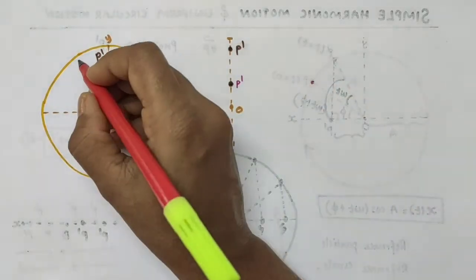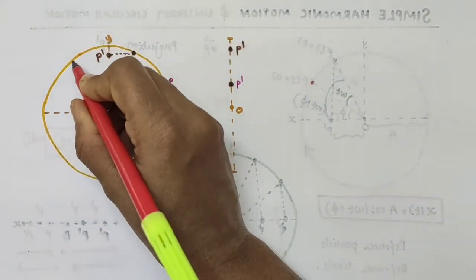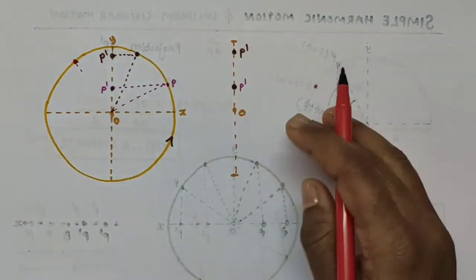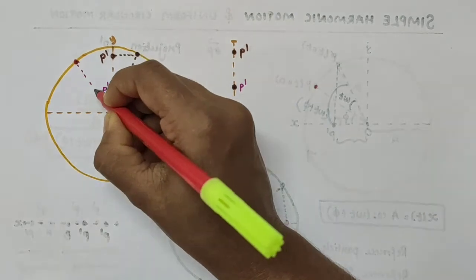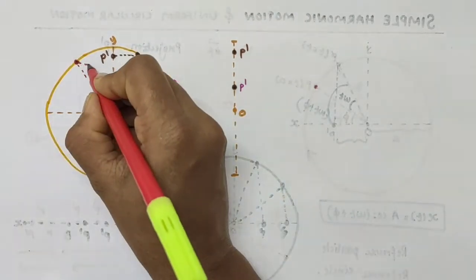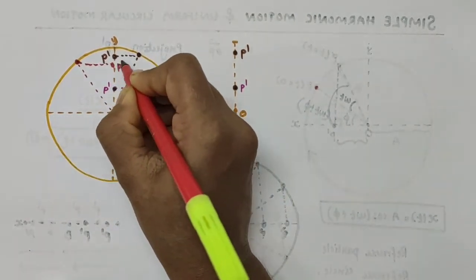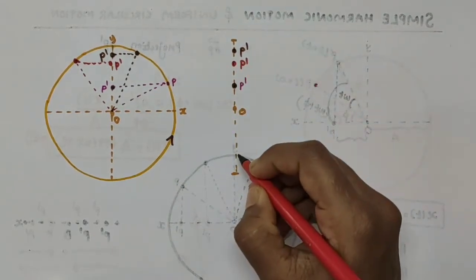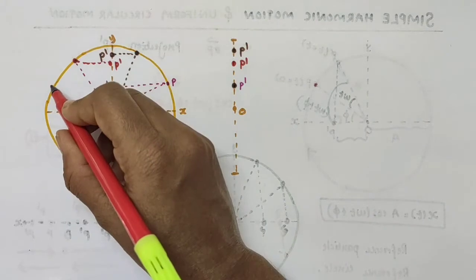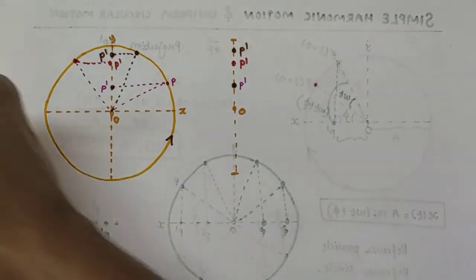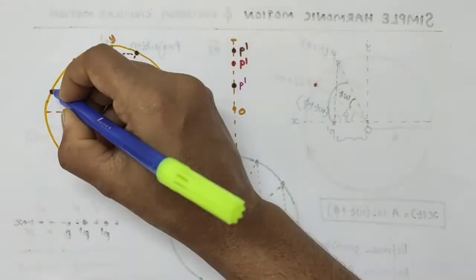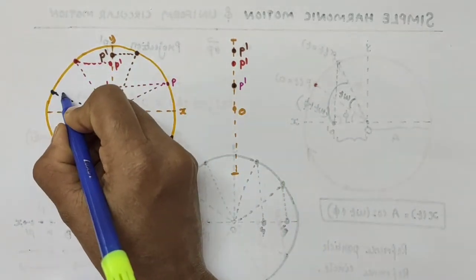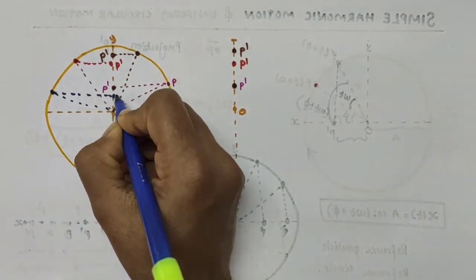Now again after some time the particle reaches somewhere here. This would be the position vector of that particle and its projection P dash would be somewhere here. Then after some time the particle reaches somewhere here, and this would be the projection P dash.